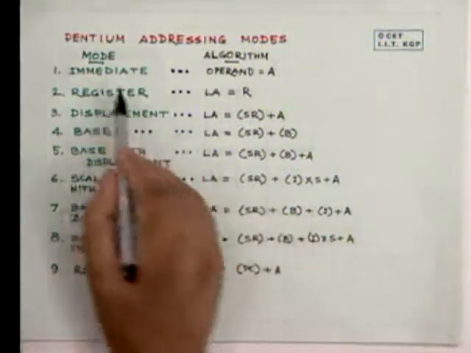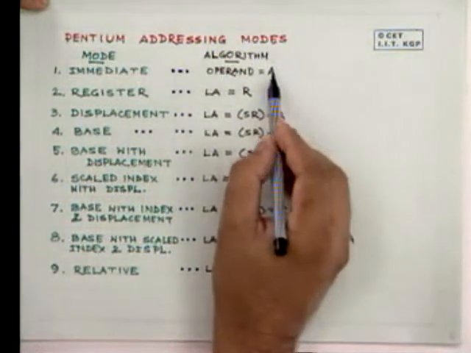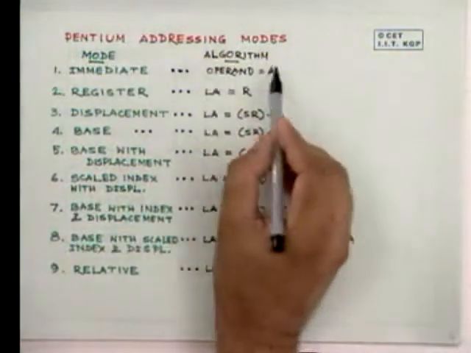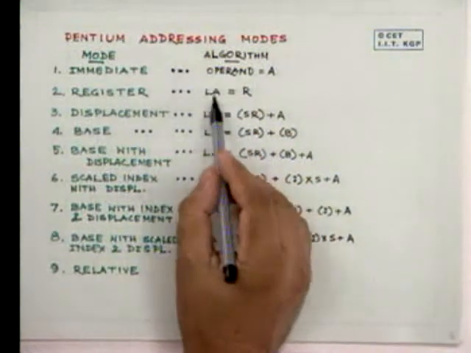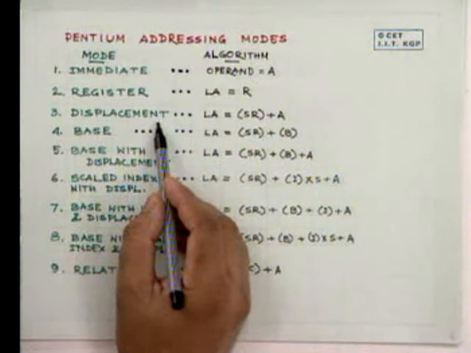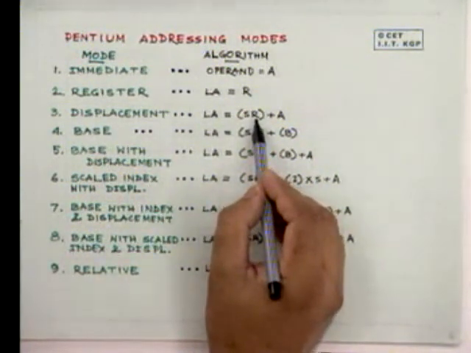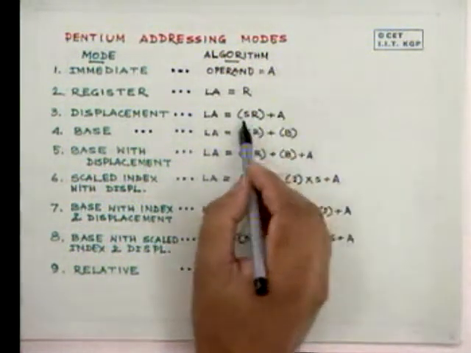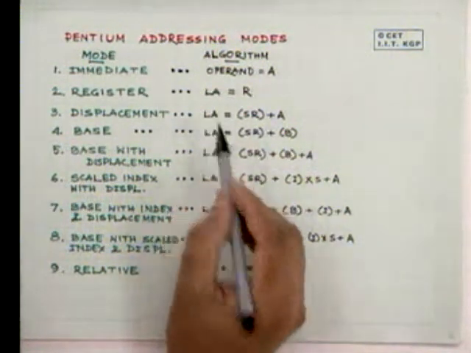Now, given this diagram, the different addressing modes that are available are these. We can have immediate addressing, where A is the operand, specified in the instruction itself. Then register addressing, where the operand is in a register itself. Displacement addressing, which we have talked of: the content of the segment register is added to the displacement to get the linear address.